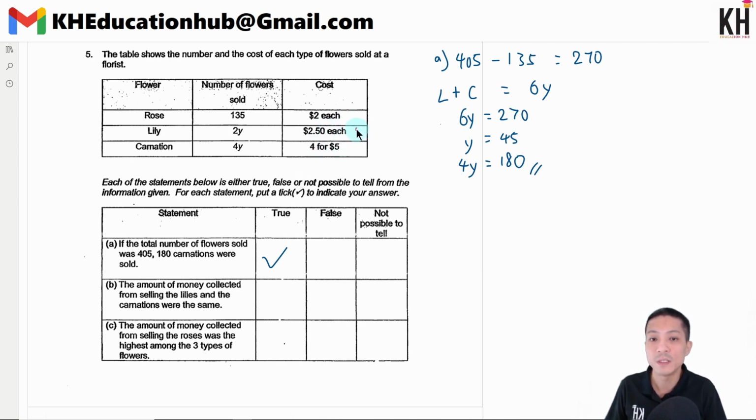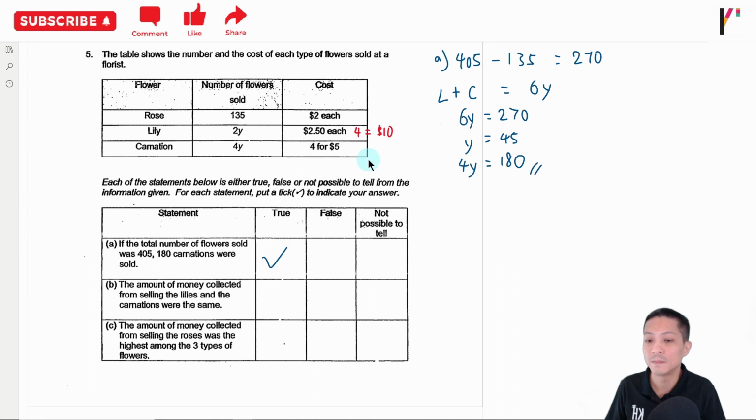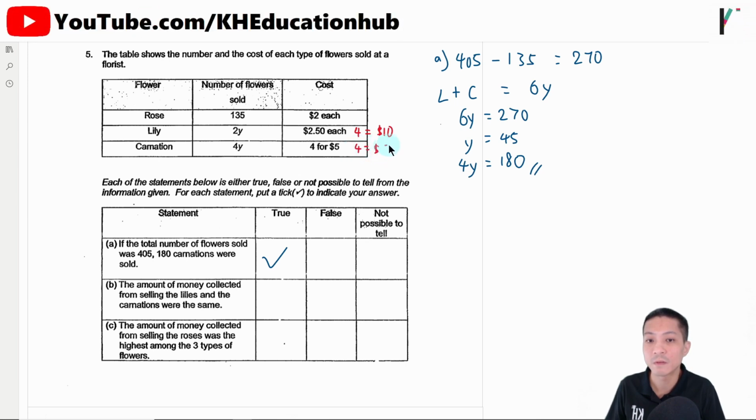So that means for lily, it'll be 4 for $10. This is 4 for $5.